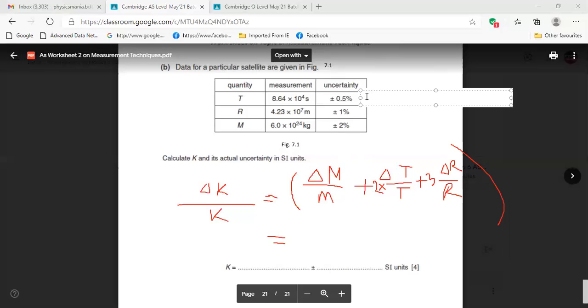Here we got 0.05 is del m, so 0.005 is del m by m. Directly you can put the values.